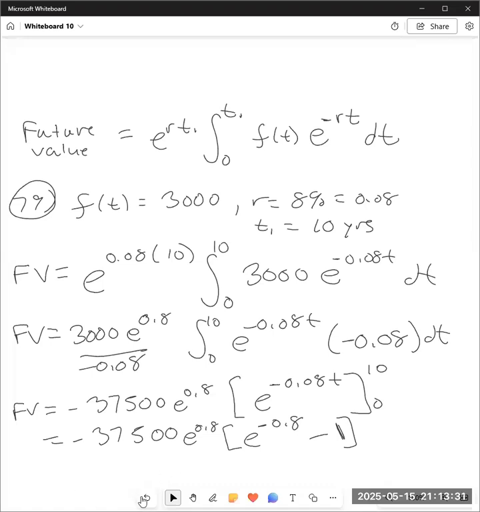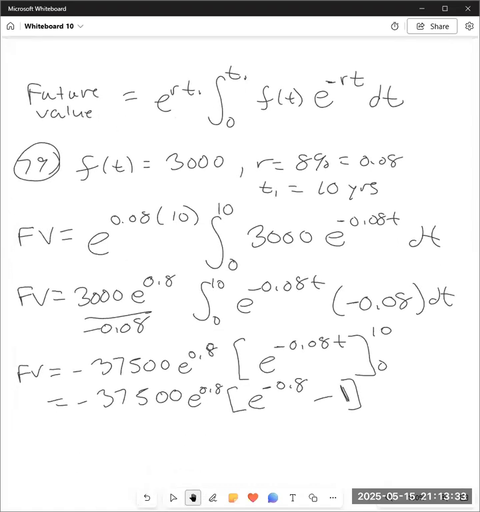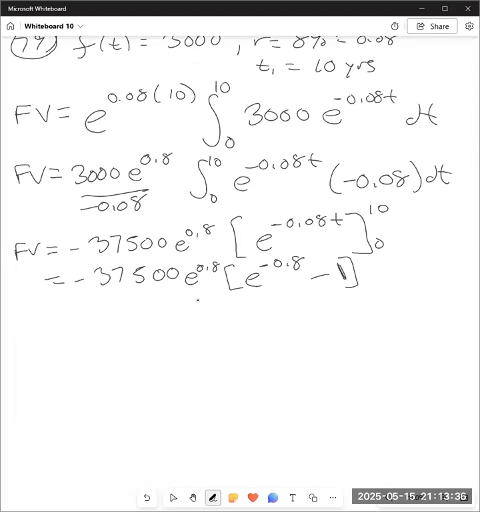So that's going to be negative 37,500 plus 37,500 e to the 0.8.